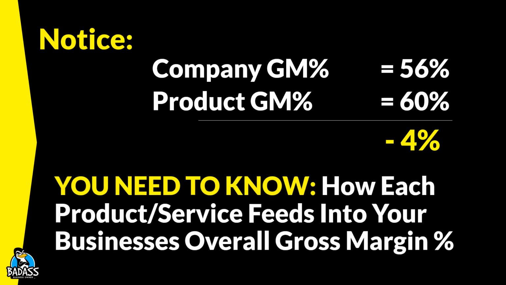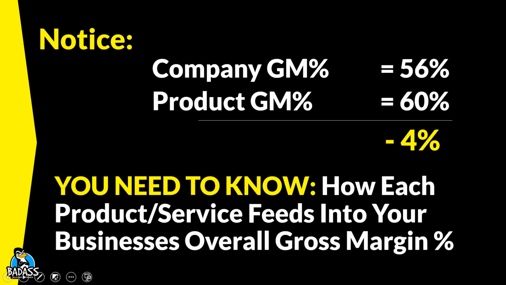And that's a good thing because it's important that you know how each product or service feeds into your business's overall gross margin. Because if you want to hit your target, you've got to be in the same area. So in this case, if our product's gross margin is 60% and the company's is 56%, this particular product adds value to that company by pulling that number up.